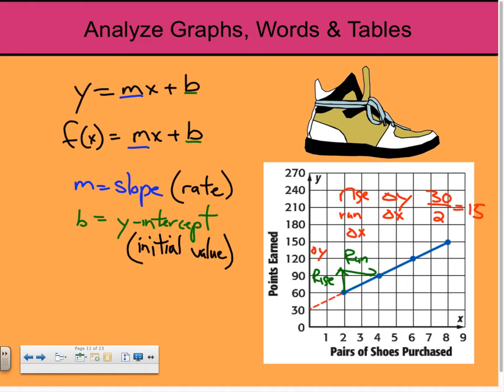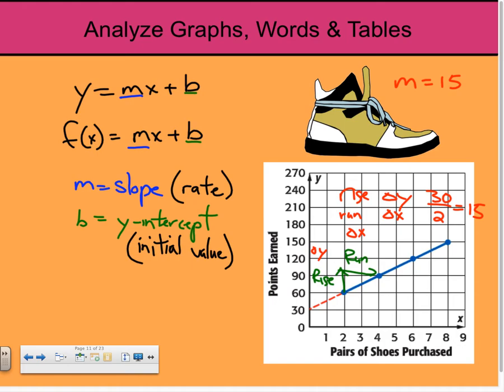So what I've discovered is that m equals 15. What that means is for every pair of shoes that you buy, you get 15 of these reward points. Now, what about the initial value? What can we determine about the initial value? The initial value is when we haven't bought any shoes yet.